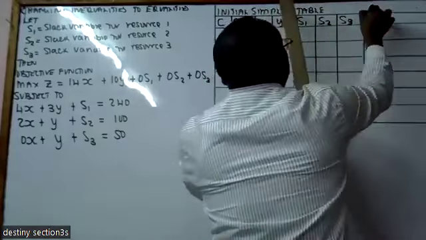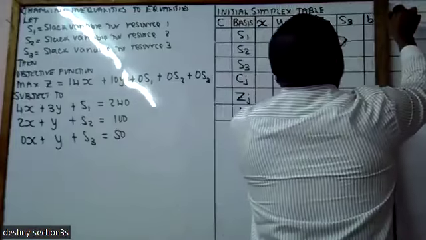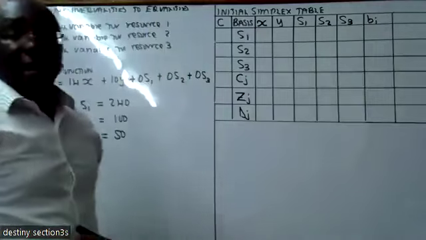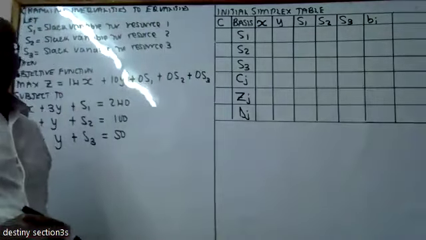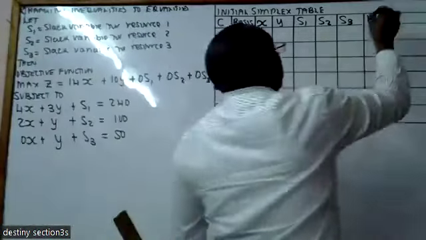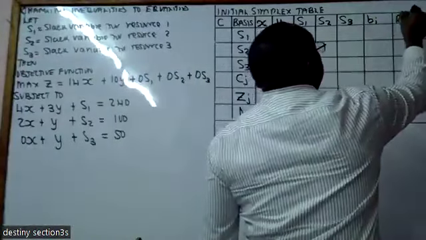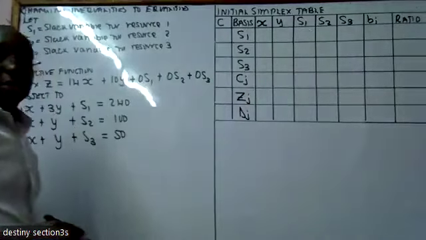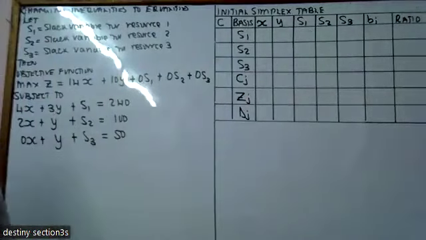And the last one I told you is called BI. And this space is left in case we will need to compute the ratio.